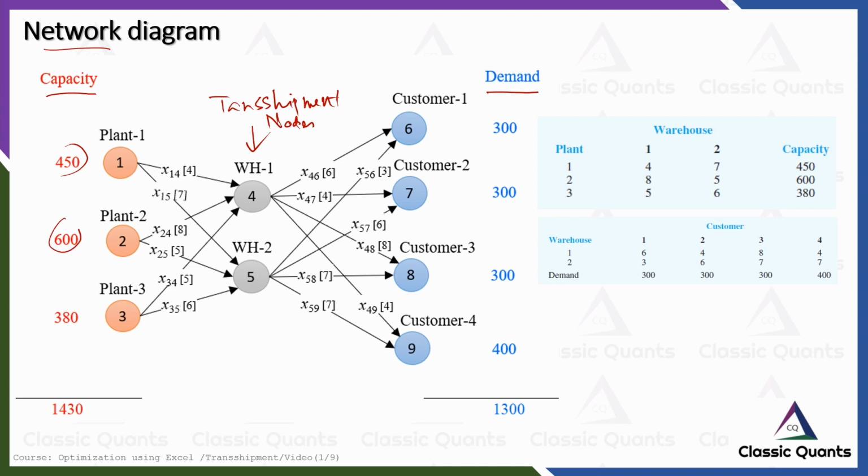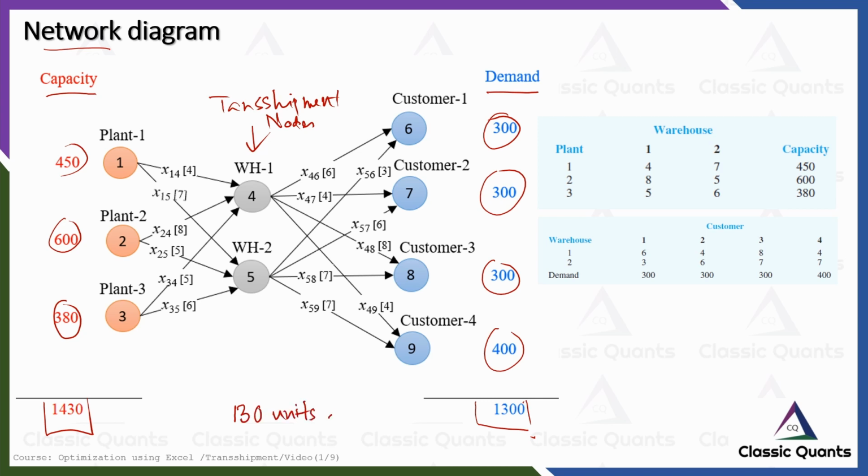Capacities are written here, and the total capacity is 1430. Demands are written here, and the total demand is 1300 units. So there is a difference of 130 units, which is the excess capacity that remains in the system even after fulfilling the entire demand.